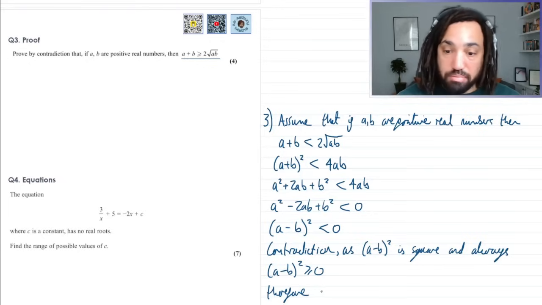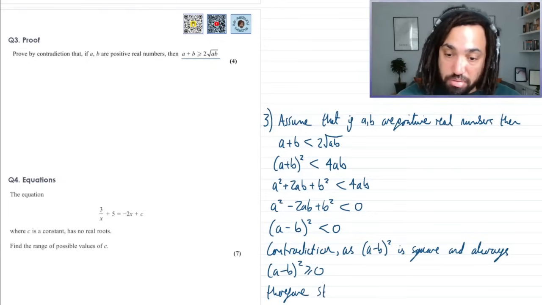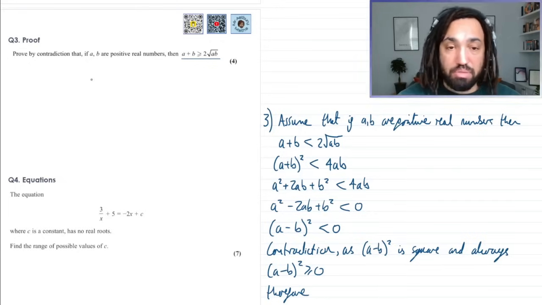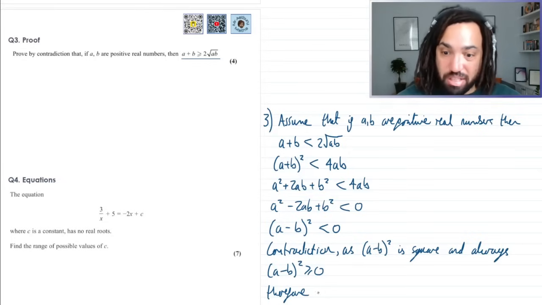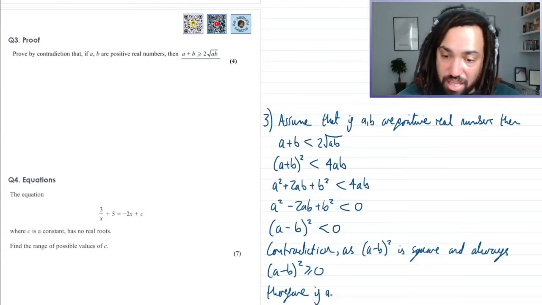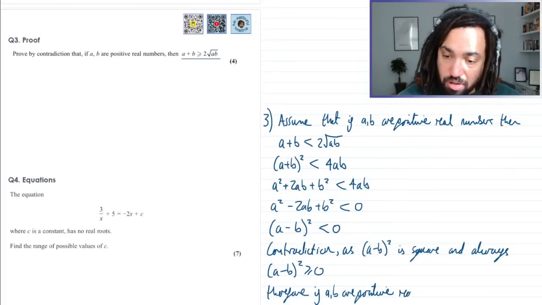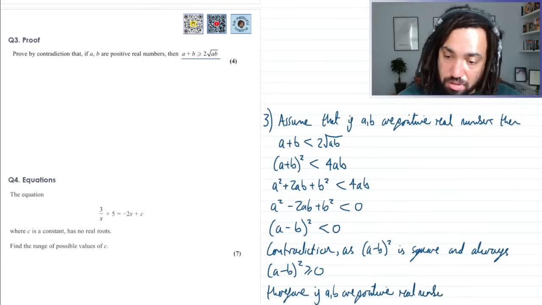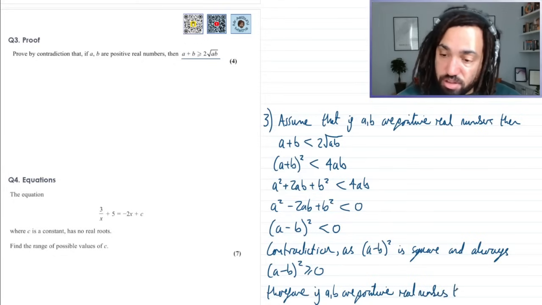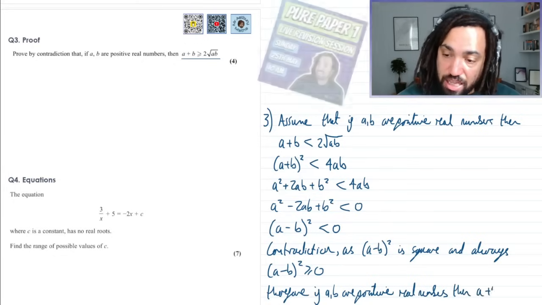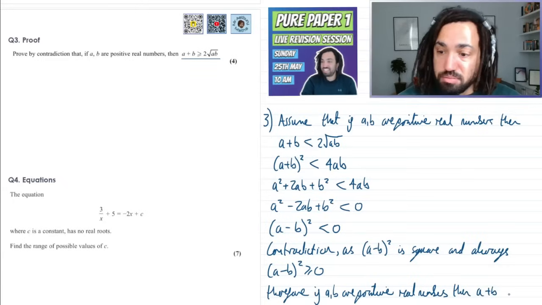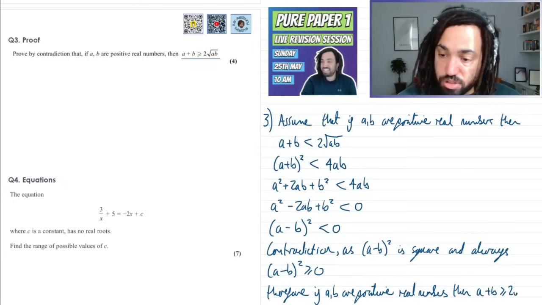Therefore, the original statement is true, but I'll write it out again just so I don't lose any marks. So therefore, if A and B are positive real numbers, then A plus B is greater than or equal to 2 root AB.